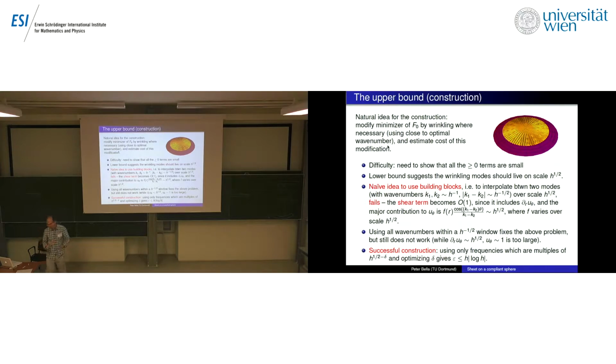So the other idea is, maybe it's not good to have just one wave number here and more wave numbers there. Maybe we can have a combination of wave numbers all the time. This helps a little bit with this shear term, but makes a mess for the other terms. But after some optimization, we got this H log H term.